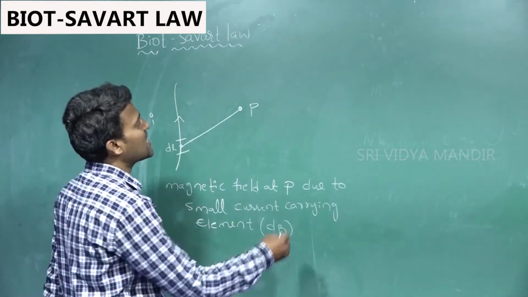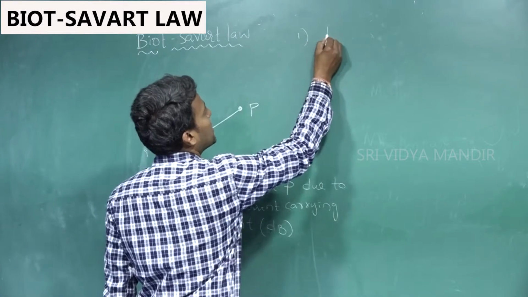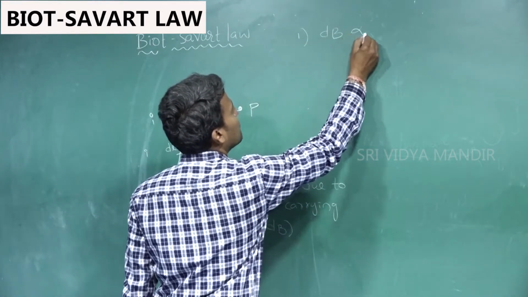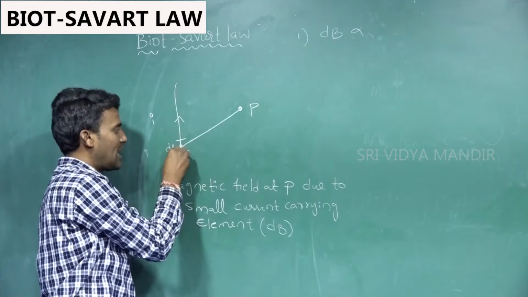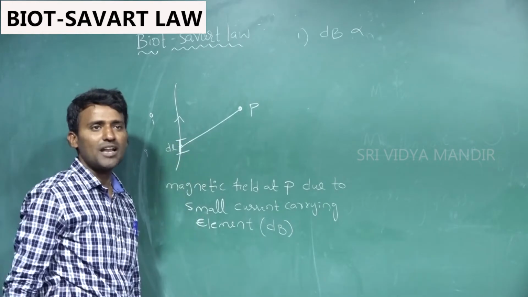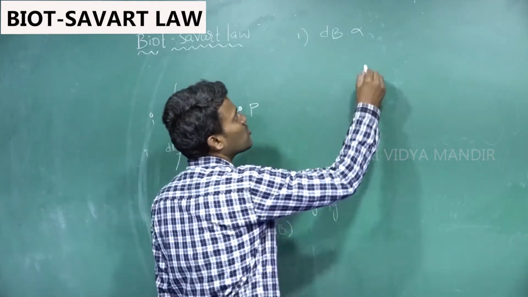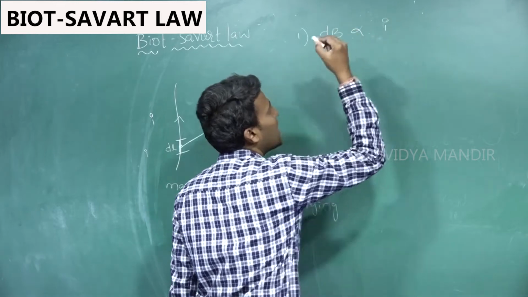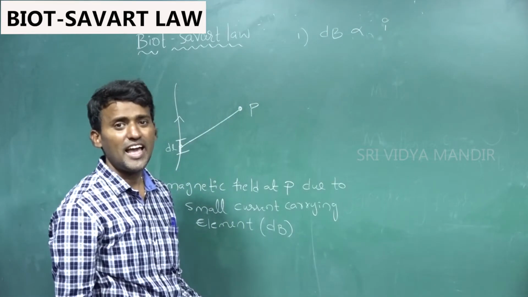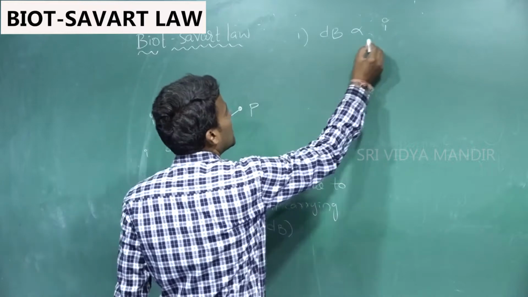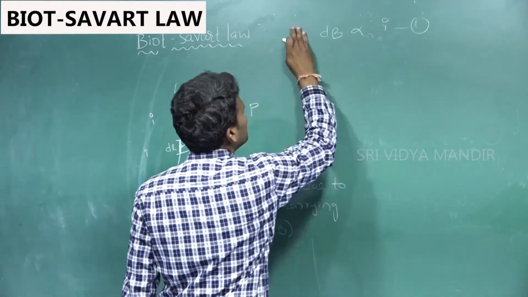This dB is directly proportional to, first, the current in the element. That is equation 1.